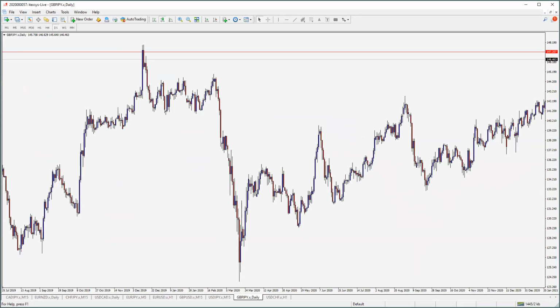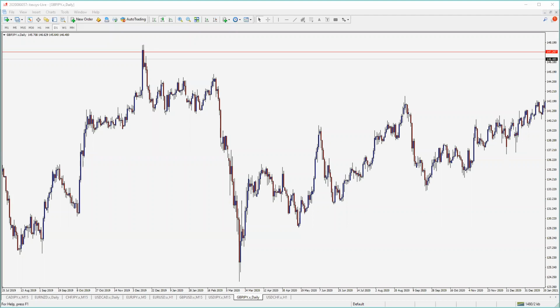I'll try to find it on TradingView and then I'll show it to you. It will take a few seconds. All right, so 1 minute. This is the 4H.